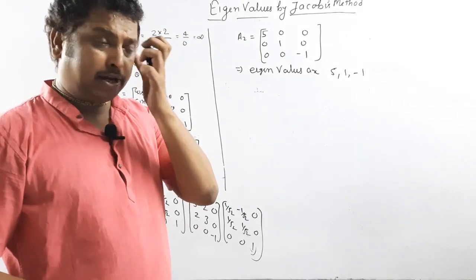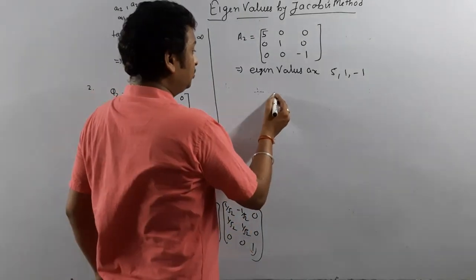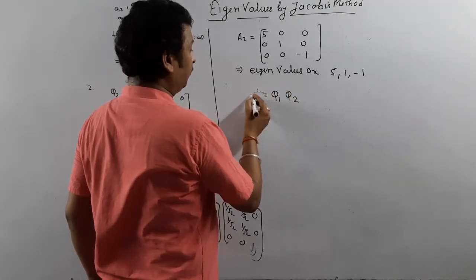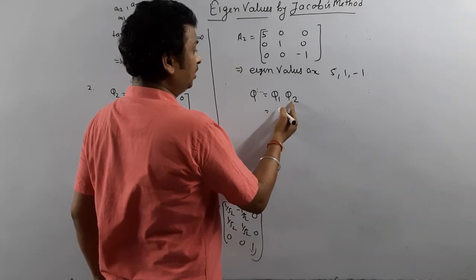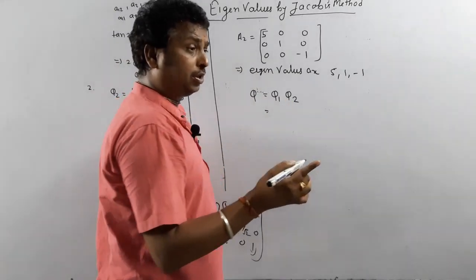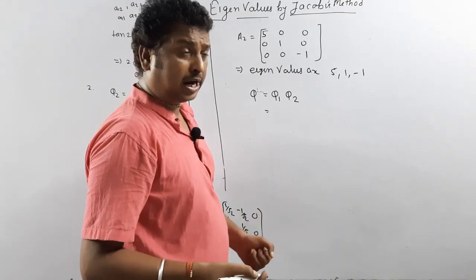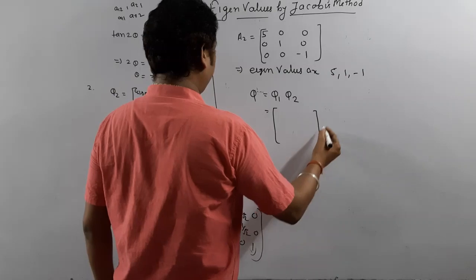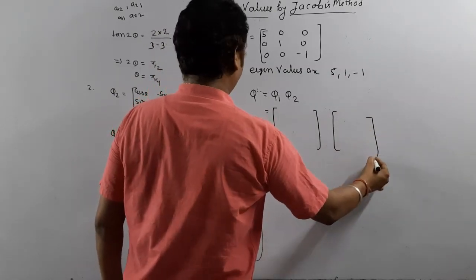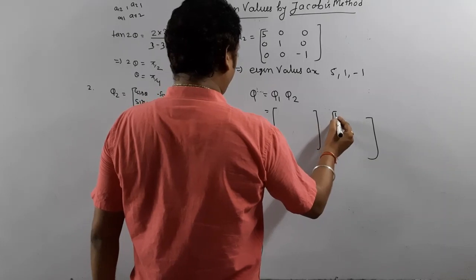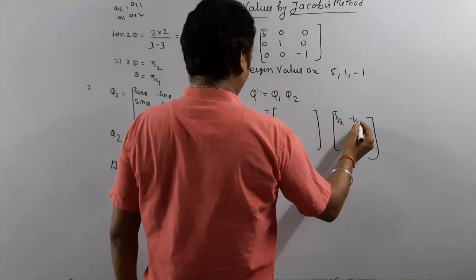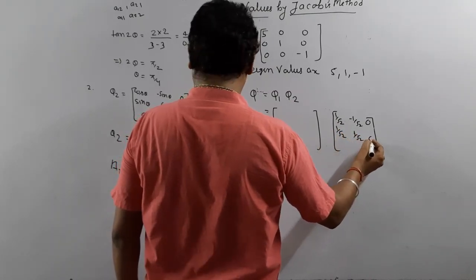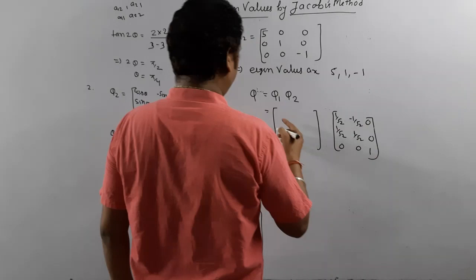Now, last, how do we calculate the eigenvectors? The eigenvectors are found by just multiplying Q1 and Q2, because you calculated only two transformation matrices. Suppose if we went for a third iteration, then Q3 would also be there. So what is Q1? Put it here and Q2 here. Q2 is 1 by root 2, minus 1 by root 2, 0, 1 by root 2, 1 by root 2, 0, 0, 0, 1. What is Q1?